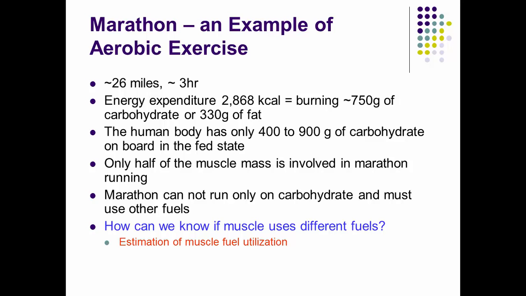This is definitely below the needs of 750. So the muscle cannot just utilize carbohydrate for ATP production, it will also need the other energy fuel, which is fat. So the muscle will need to utilize both carbohydrate and fat for ATP production during the marathon.